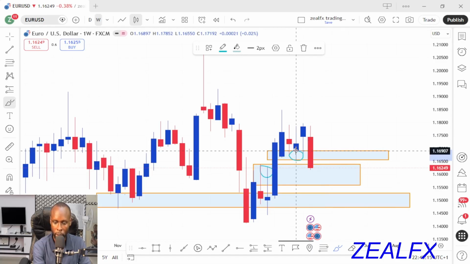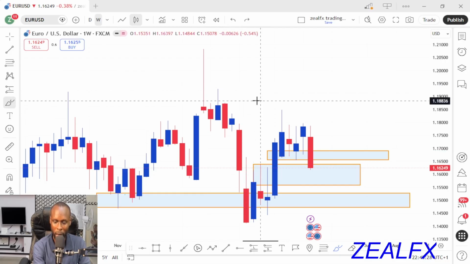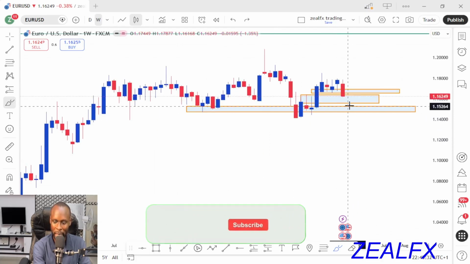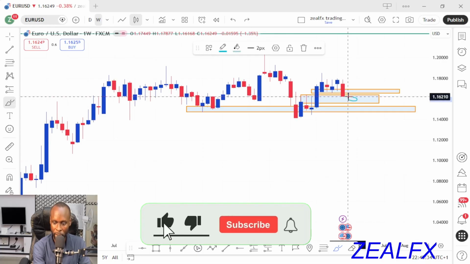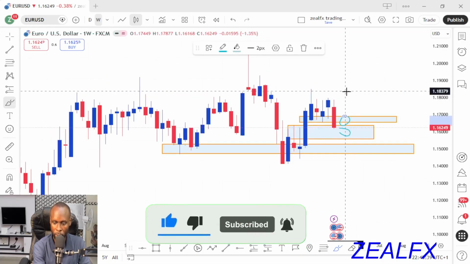So this week on the weekly time frame, the Euro is not that clear, because price closed on a support level and price also converts a resistance to support. So we don't have a clear decision on the Euro USD for now. We can't sell from this support zone. We can only sell from this resistance zone.